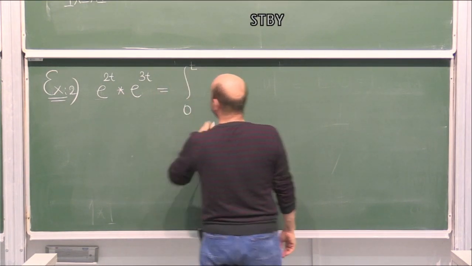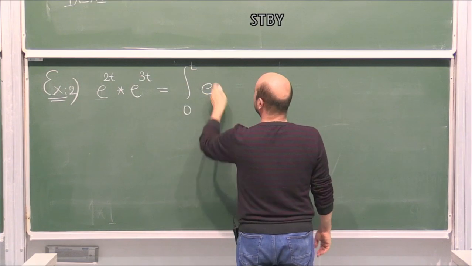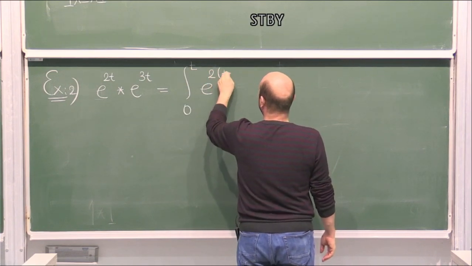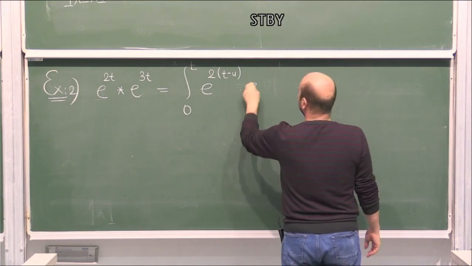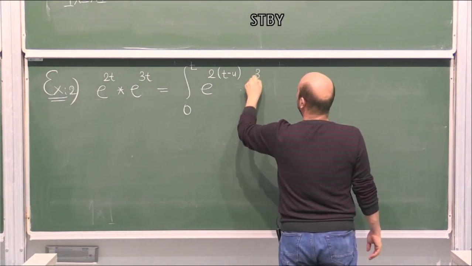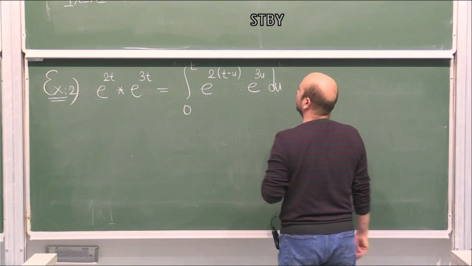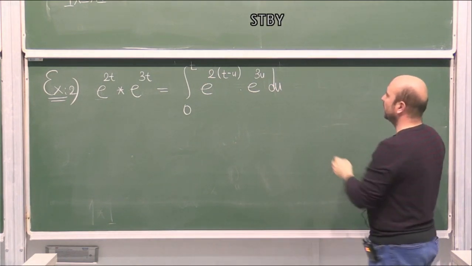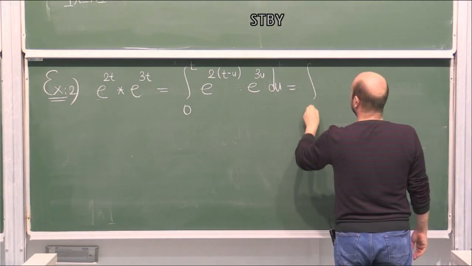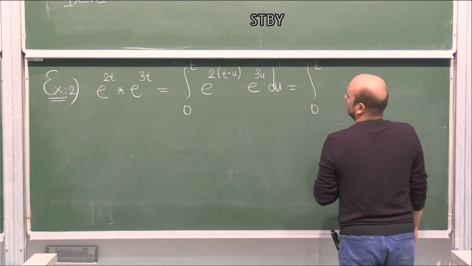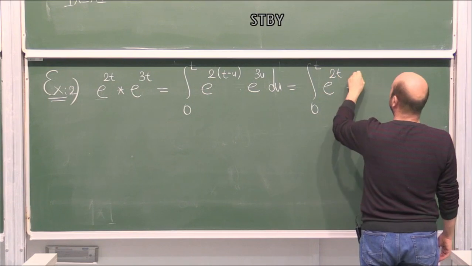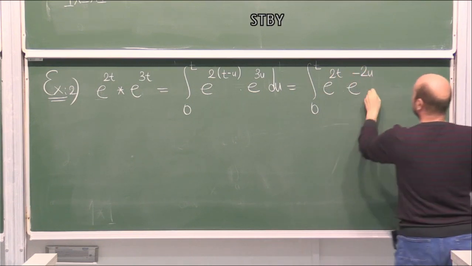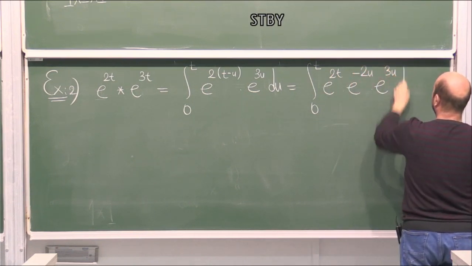In the first one, or in the second one, it doesn't matter, I write t minus u in the place of t, multiply with e to the 3u, and then integrate. So we get the integral from 0 to t of e to the 2t, e to the minus 2u, e to the 3u du.